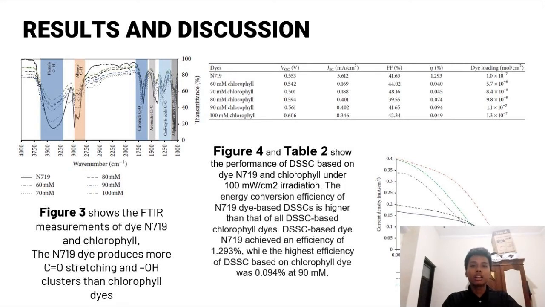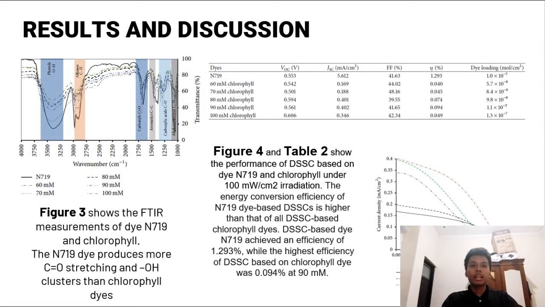The N719 dye-based DSSC had an efficiency of 1.293%, whereas the chlorophyll dye-based DSSCs had a maximum efficiency of 0.094% at 90 millimolar.